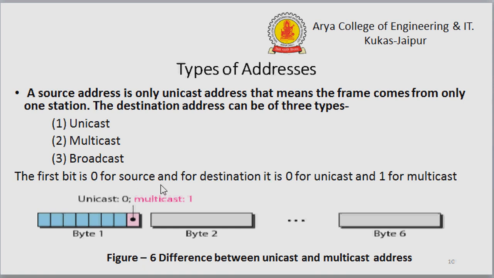The first bit is 0 for source, and for destination it is 0 for unicast and 1 for multicast. This is the difference between unicast and multicast addresses. I again repeat that a source address is only unicast, and destination addresses are of 3 types: unicast, multicast and broadcast.